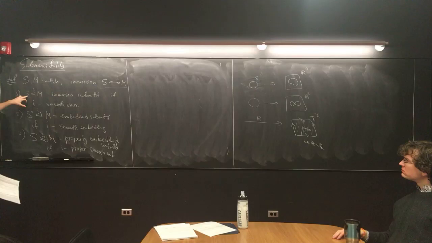So f inverse of q is included into some open set U, which is then included into M, and in the middle, it's also included into the set of regular points.